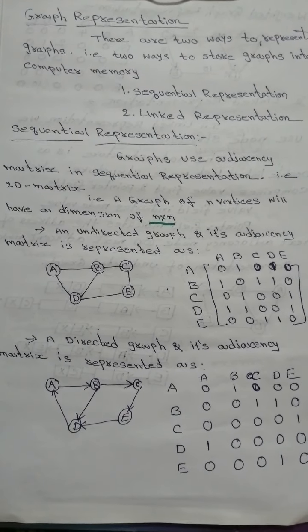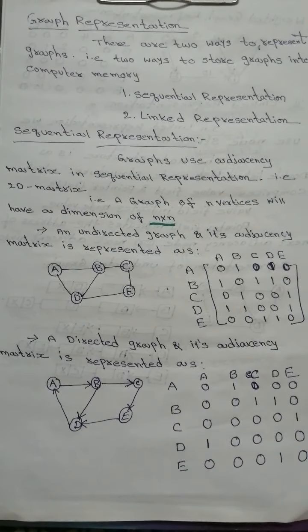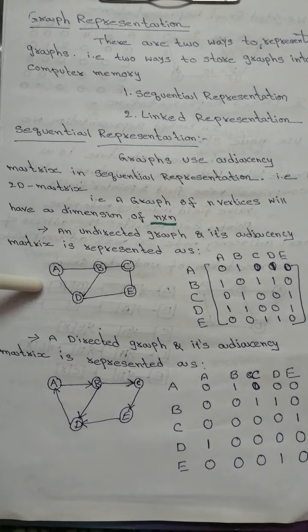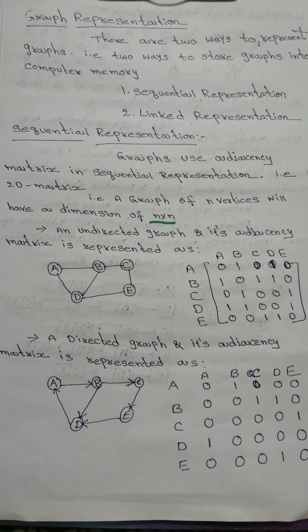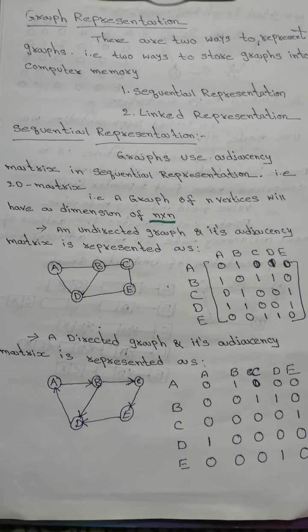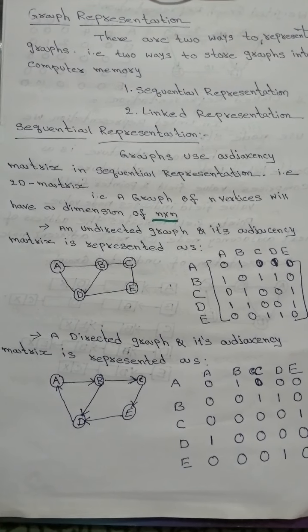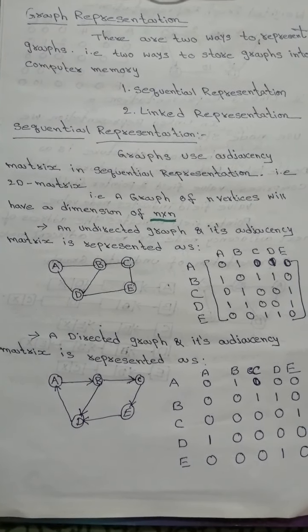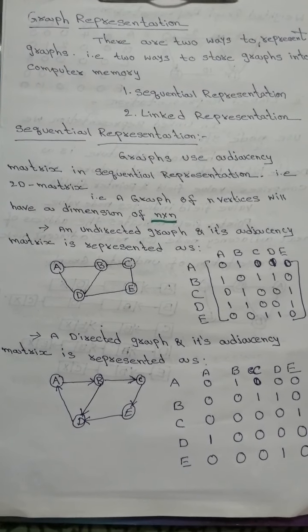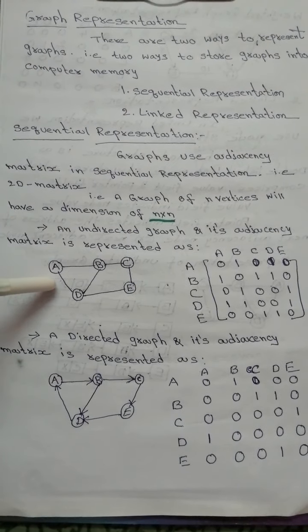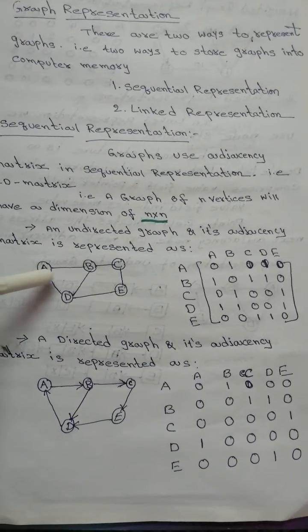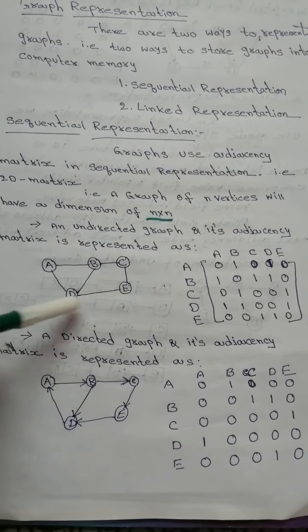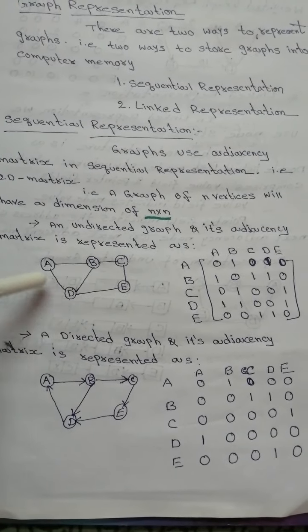First, taking an undirected graph. An undirected graph is a graph where every vertex has an edge to another vertex. This is an undirected graph with 5 vertices, 1 2 3 4 5, having edges.